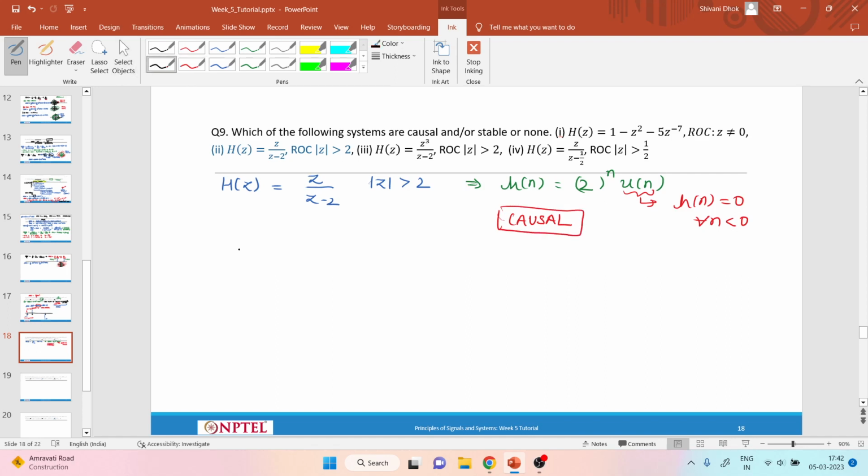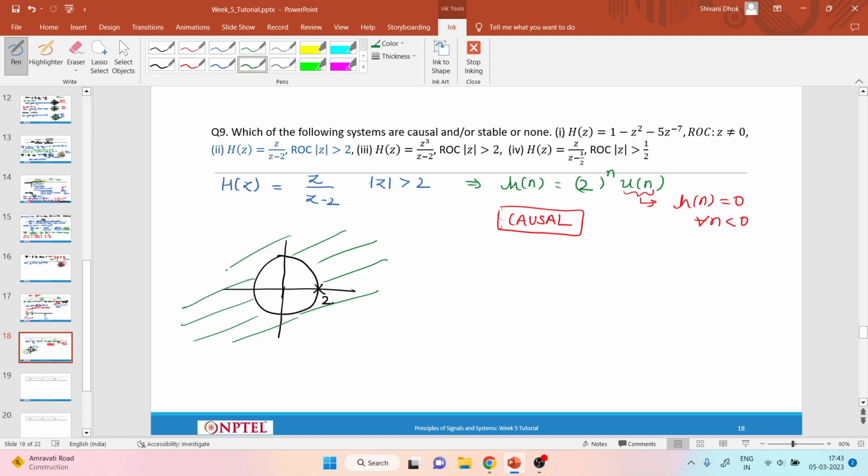Now for stability, let us look at its region of convergence. Let's say this is 2, I have a pole here, and my region of convergence is outside this circle, something like this. And the unit circle is somewhere here.